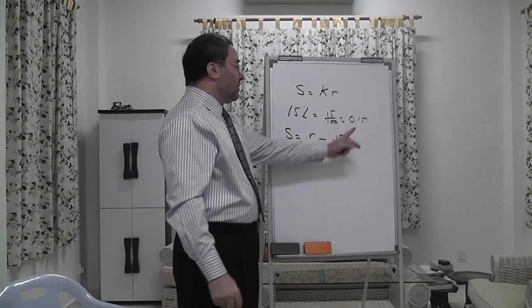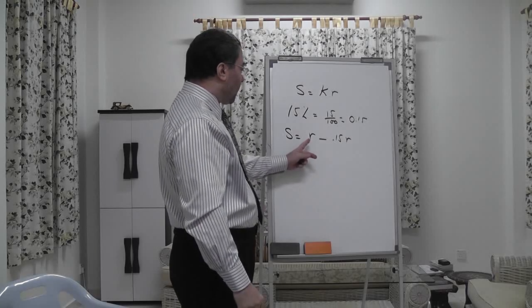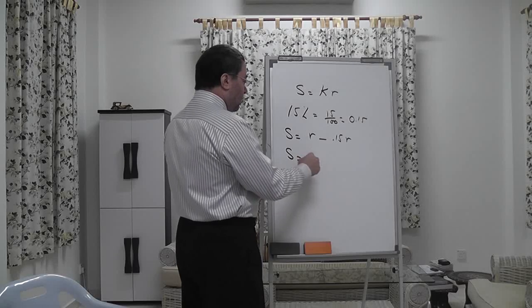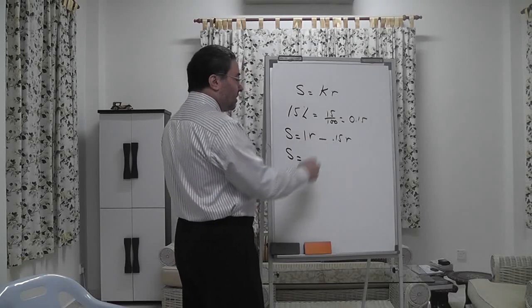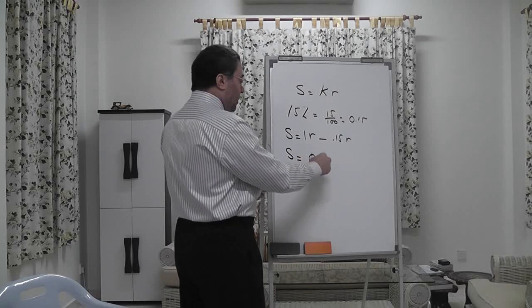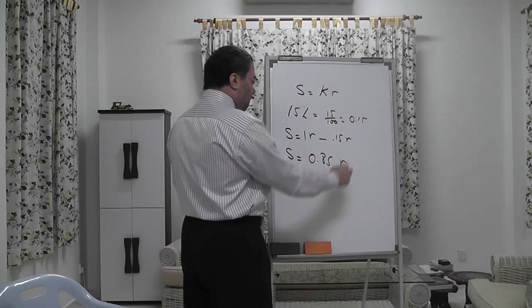This discount is multiplied by the regular price and subtracted from the regular price. So the sale price is equal to, this is 1 R, we minus it from 0.15, and that's 0.85 R.